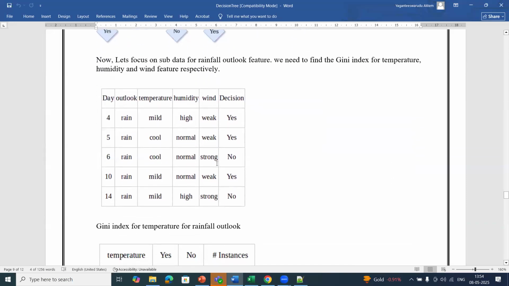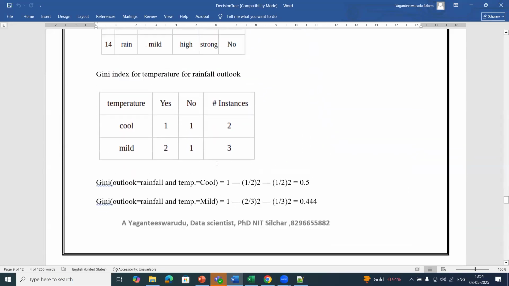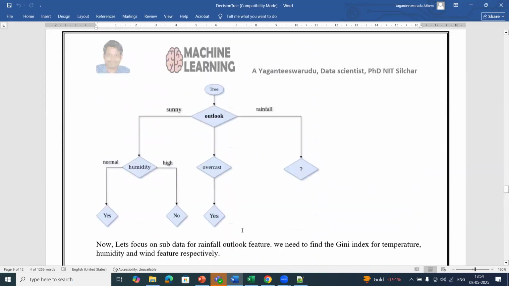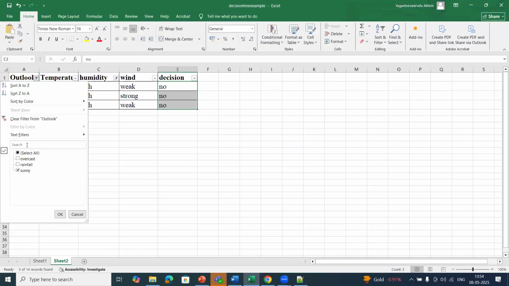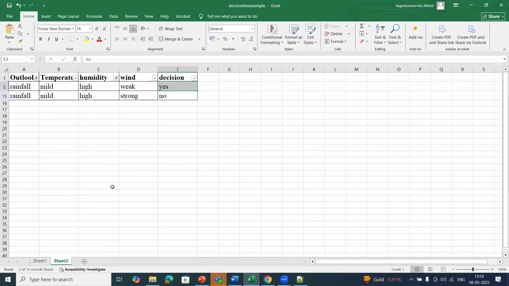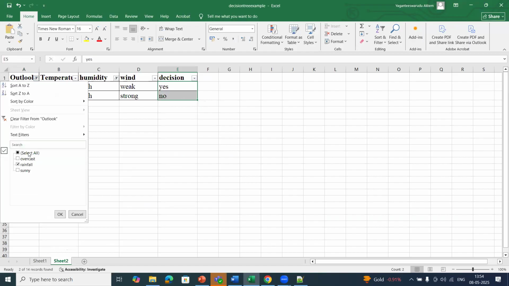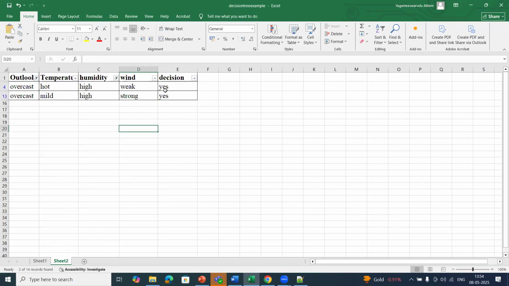And similarly for rainfall, if outlook is rainfall, but here if you see there are two classes, I cannot directly take the decision. If outlook is overcast, I take the decision because there is only one class, that is yes.